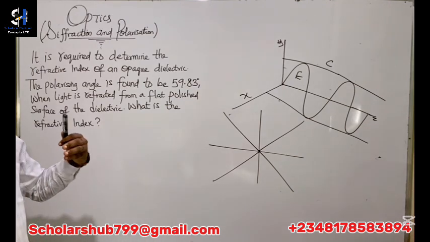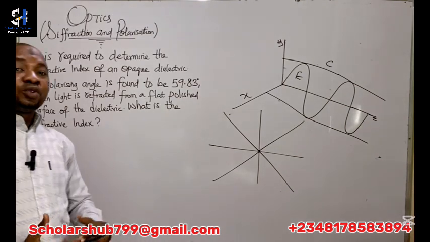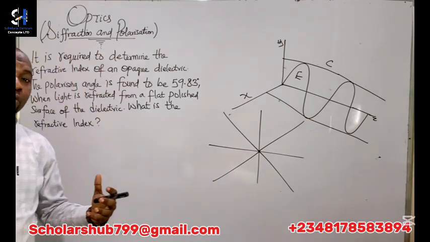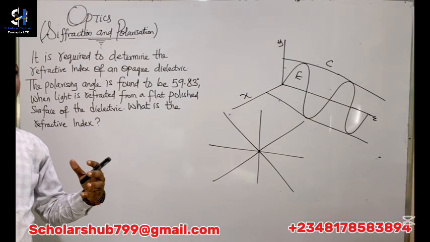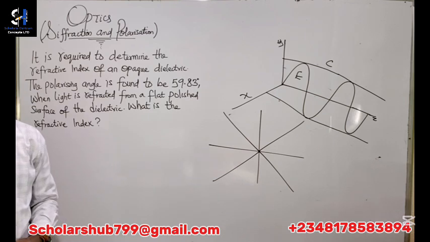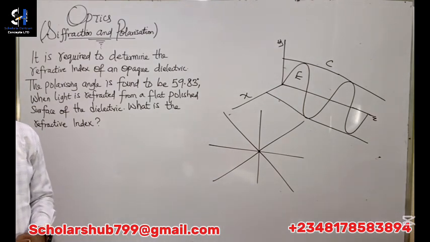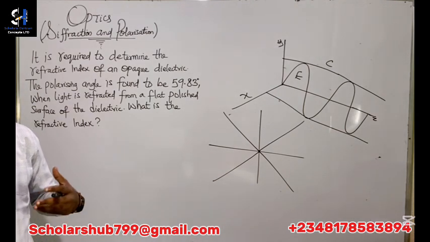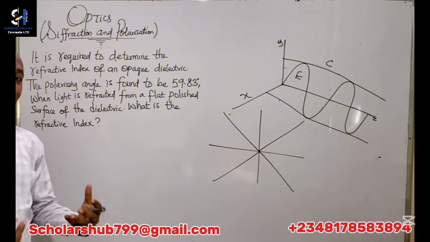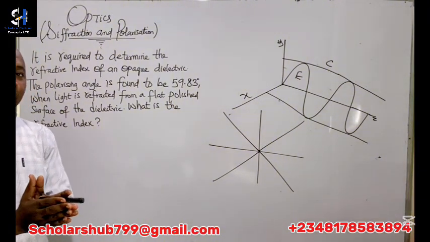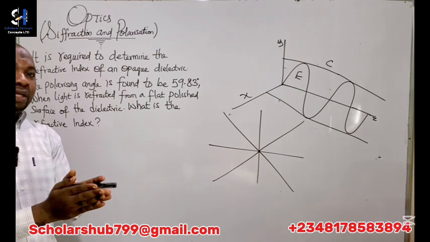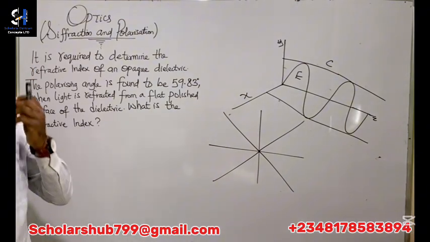So to make the light become polarized, we have to make use of some optical instrument to polarize the light, that is, to have the light wave confined to a single plane along the direction of propagation.